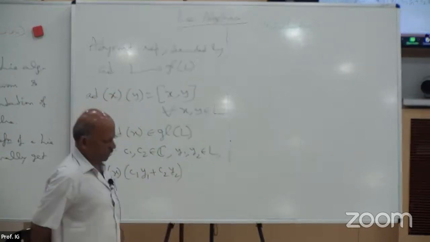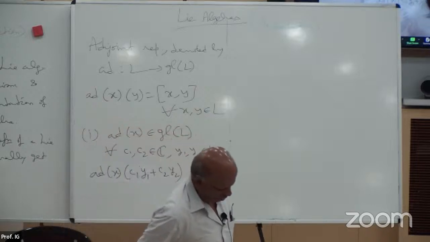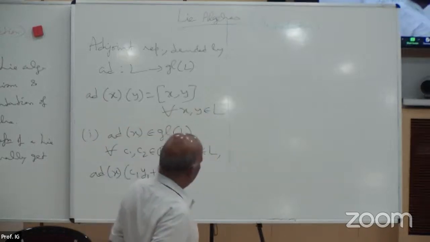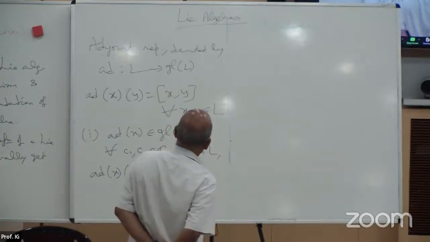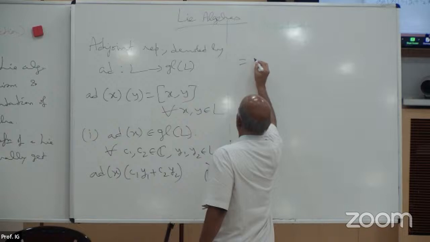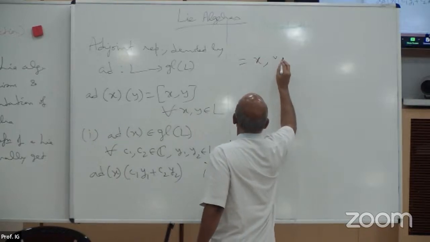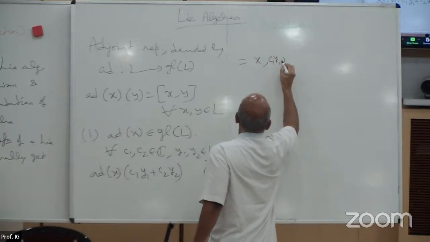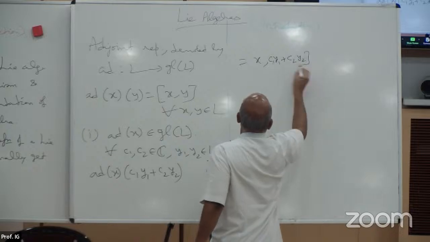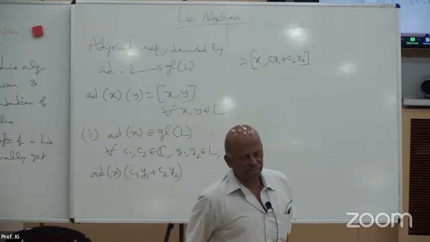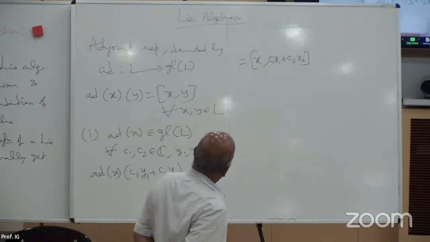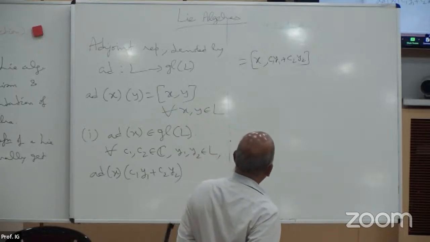What is this going to be? This should be c1 times ad x y1 plus c2 times ad x y2. That is when it is a linear transformation. By definition, this is [x, c1 y1 plus c2 y2]. This is the definition of ad x: ad x of y is the bracket [x, y].